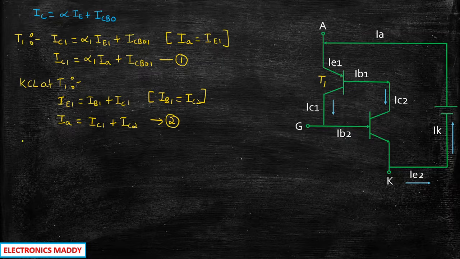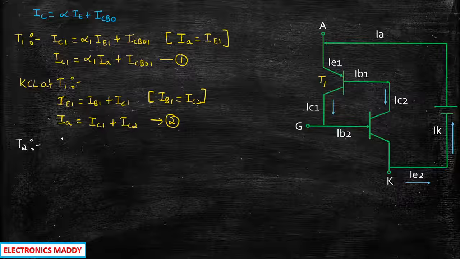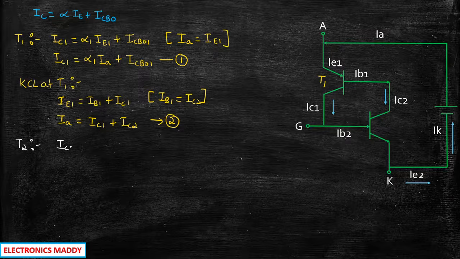Now let us do the same analysis with respect to transistor T2. We will be starting off again from this equation. When we have this equation in hand, we will simply be writing everything with respect to 2. That is, you have IC2 is equal to alpha 2 into IE2 plus ICBO2.